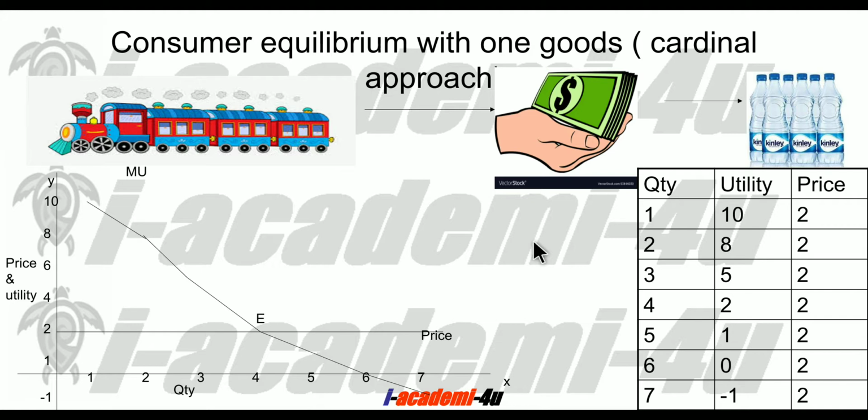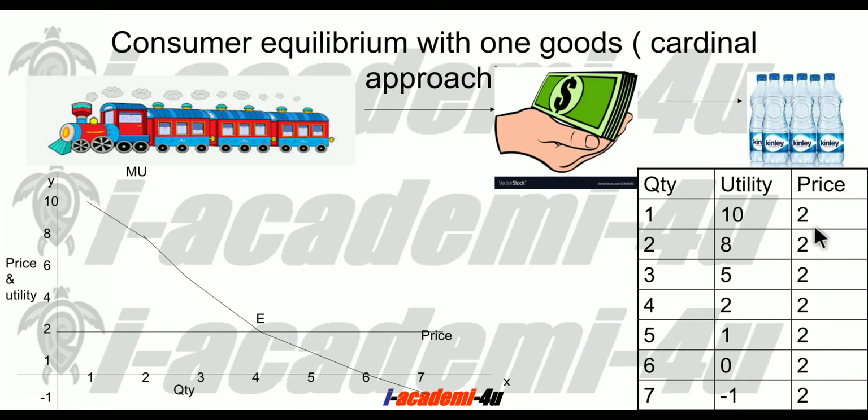Now the question arises, where will a consumer stop consuming? Up till where will it continue to consume? Now the simple logic is that for the first unit we are paying $2 and we are getting $10 worth of satisfaction. In the second, should we do that? Yes, we will consume that because we are getting more satisfaction.